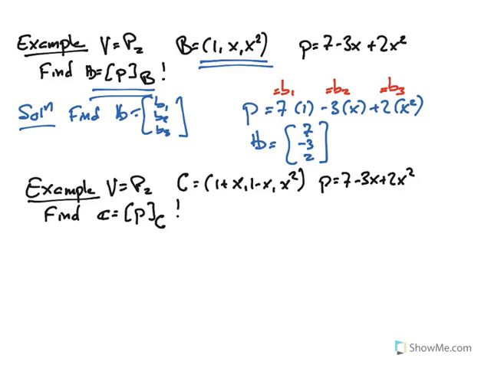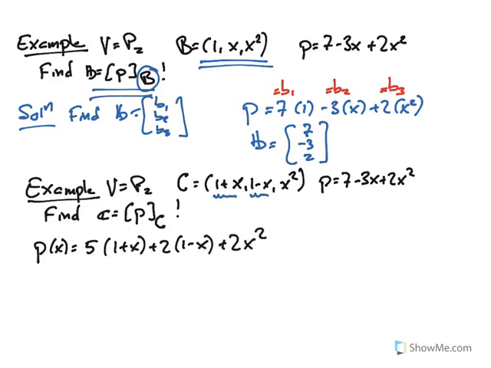But there is a reason that we specify the basis in this notation, and it's that if you pick a different basis, then the vector changes as well. So suppose we just modify the basis a little bit. I form a linear combination of the first two vectors to form two other vectors. So the basis c is a little bit different than b, and now you can easily verify. I'm not going to do the computation, it's very simple, but you can verify that p of x is now equal to 5 times (1 plus x) plus 2 times (1 minus x) plus 2x squared.